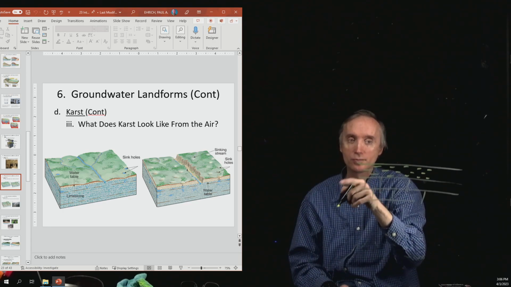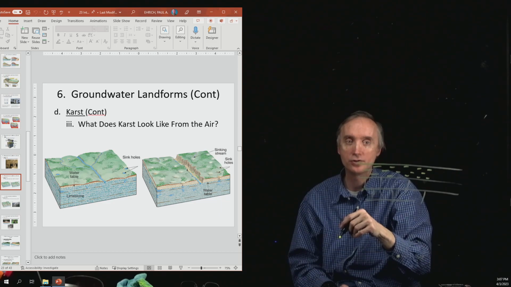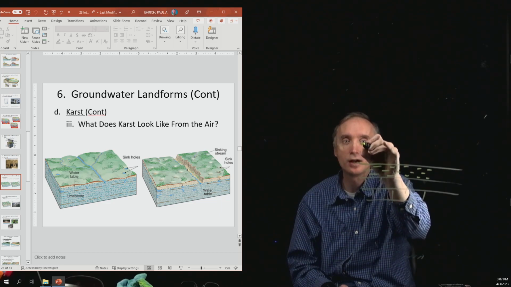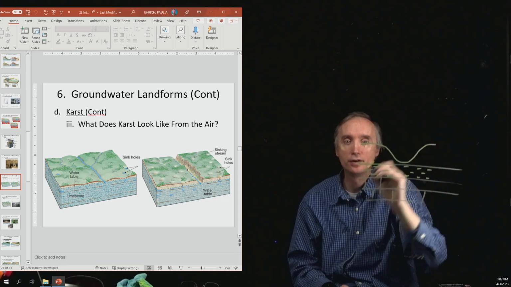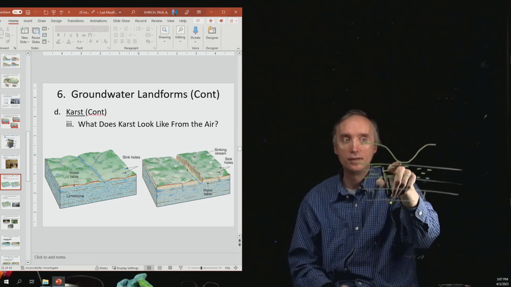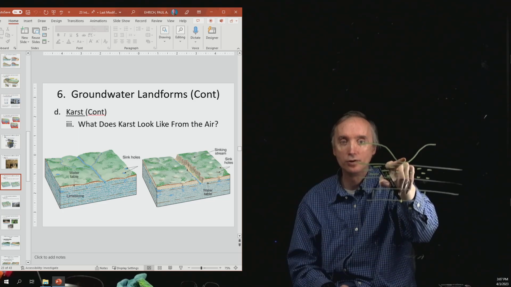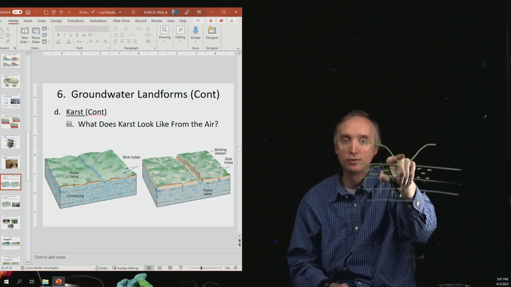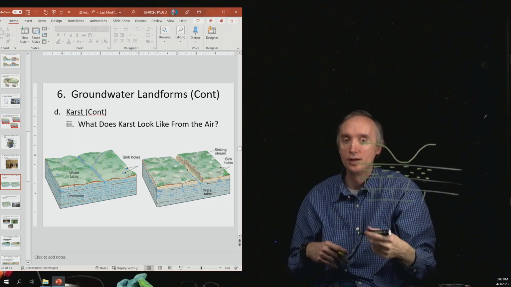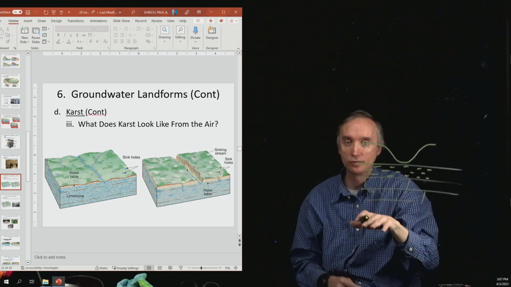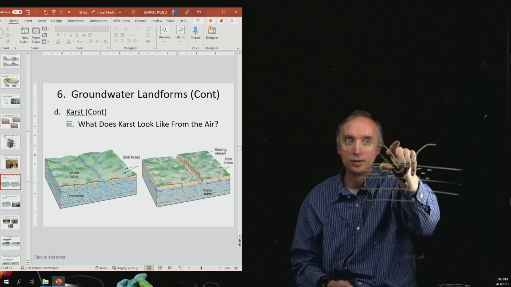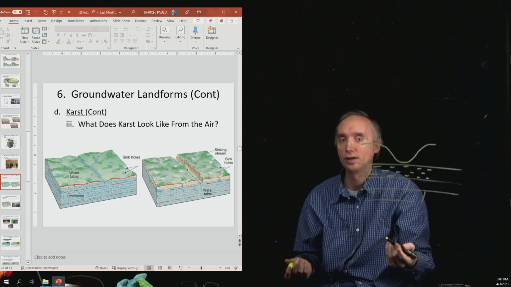In that first picture on the left, you've got some kind of a hill over here, and then it goes into a valley, and then you've got another hill over here, and here is where you're going to have your river. So this is going to be a normal dendritic river pattern on the surface of the earth, where you've just got rivers doing what you normally think of a river.